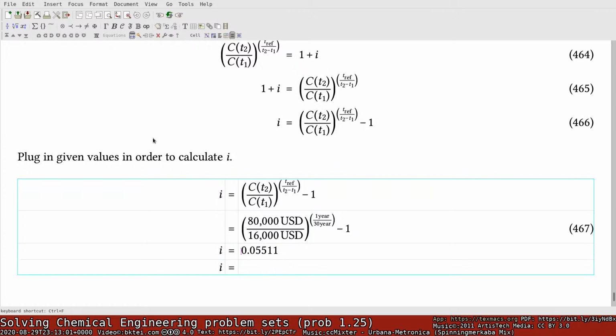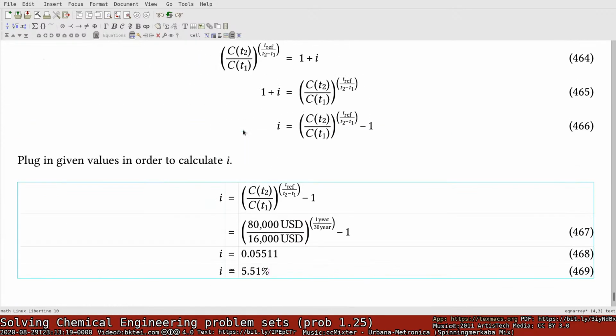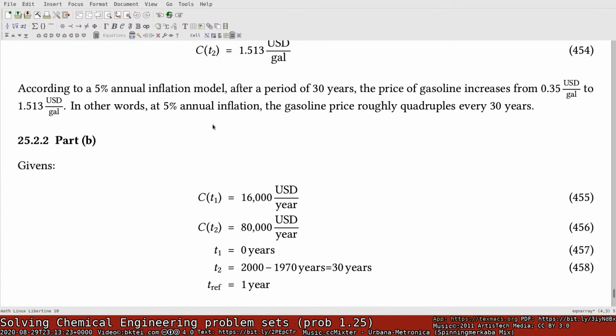I is equal to approximately 5.51%. Any sig fig issues here? 2 sig figs, I guess. Let's do 5.5%. Great.